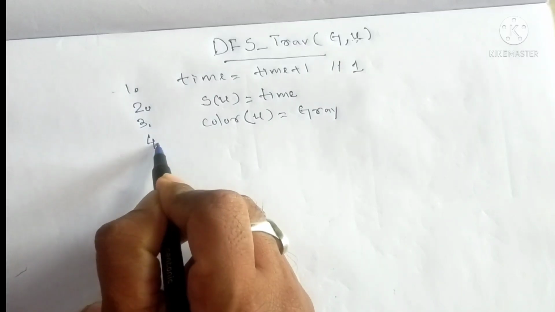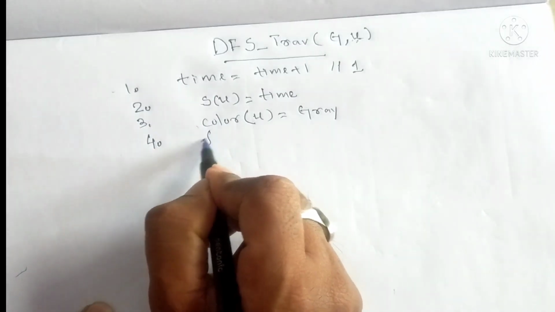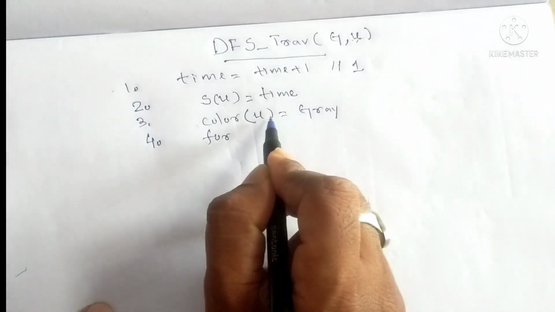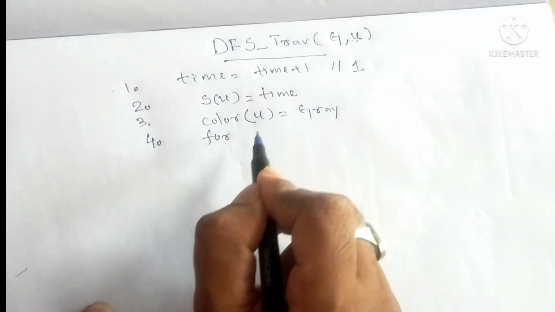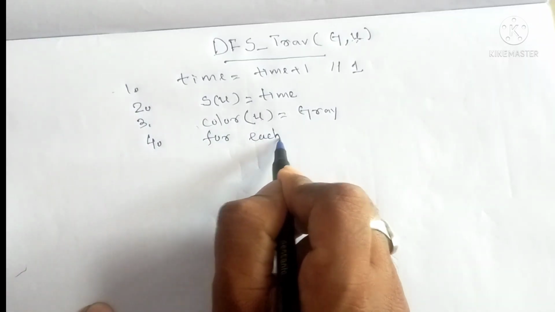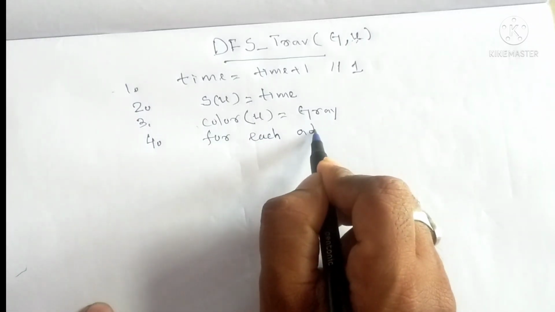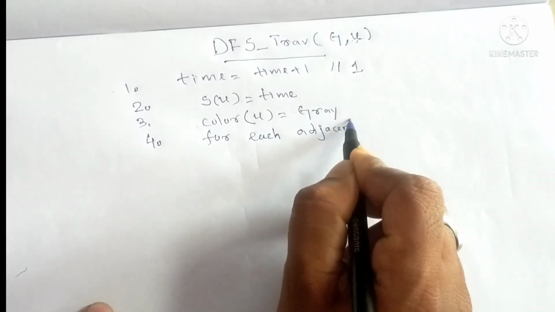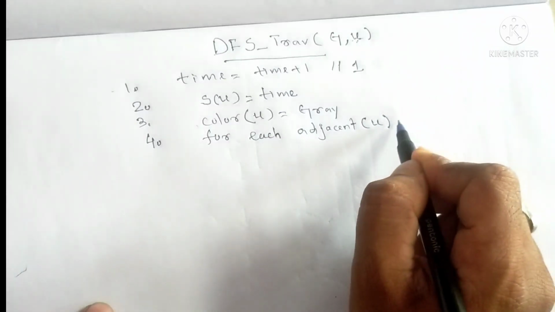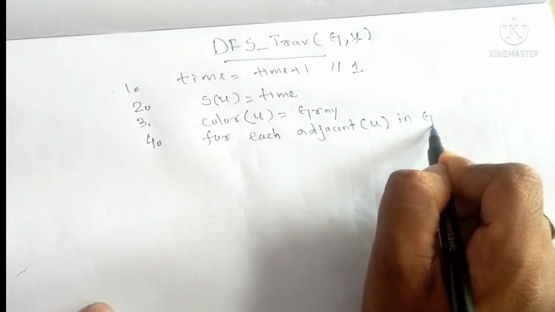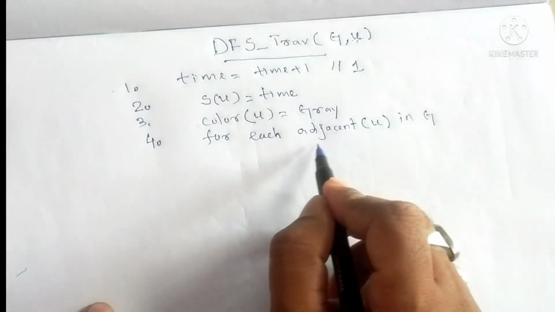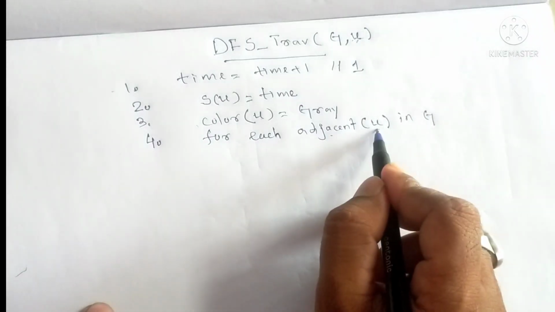Then in step number 4, we will find the adjacent vertex of your U. So for each adjacent vertex of U present in the graph G, here we will find the adjacent vertex.